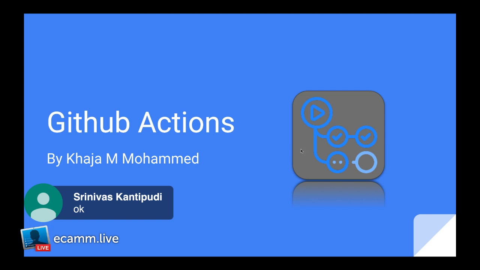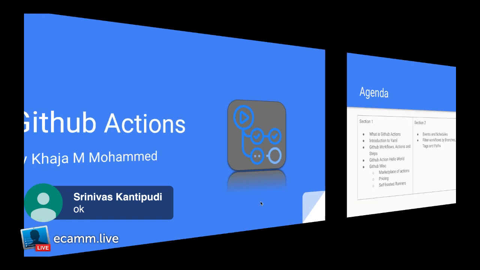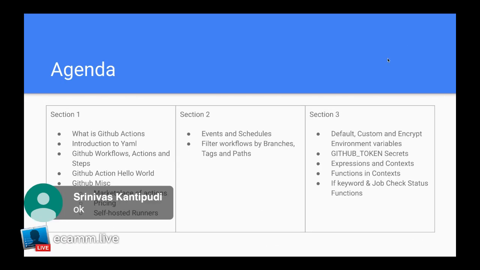So let me show the agenda. This is the section 1 that I was talking about. We'll be going through what GitHub Actions is, and we'll also see YAML.